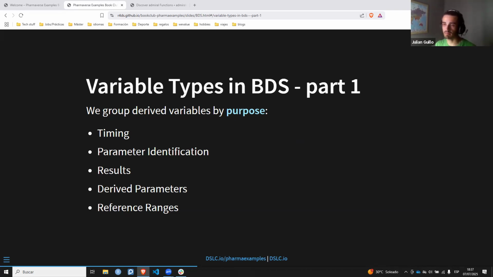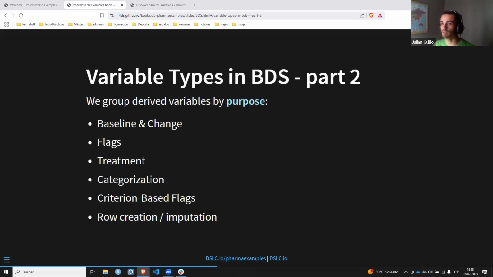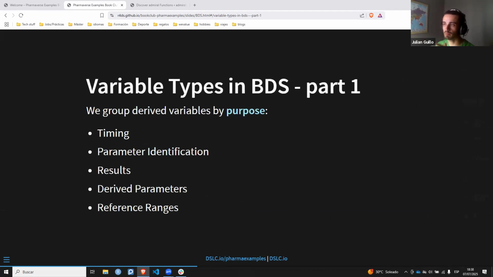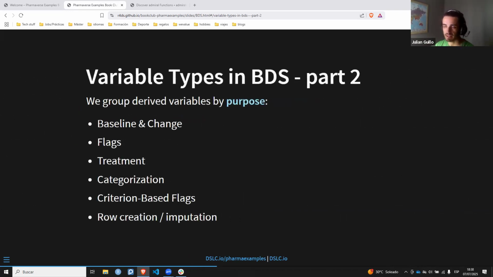I have divided them by purpose: timing variables, parameter identification, results, derived parameters, and reference ranges, which are the ones that are going to be derived in the example that we're going to see next week. Then unchanged variables, different flags that you can put, the treatment, the categories, some other criterion-based flags, and some additional row creation or imputations.